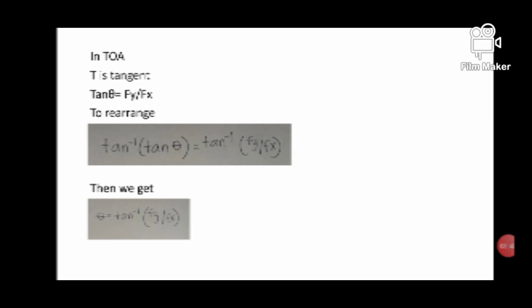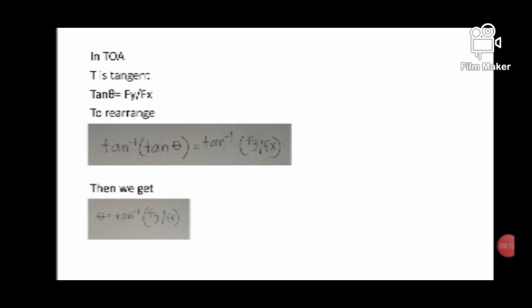In TOA, T is tangent. Tangent theta is equal to fy divided by fx. To rearrange the equation, we must multiply both sides by arctangent.